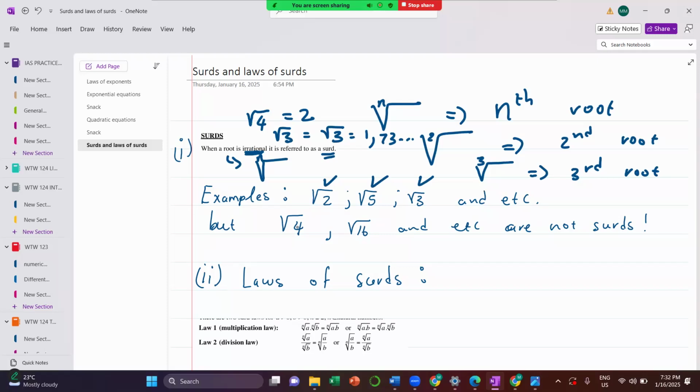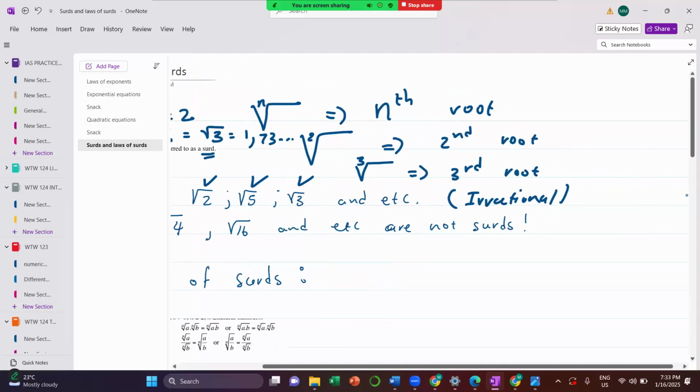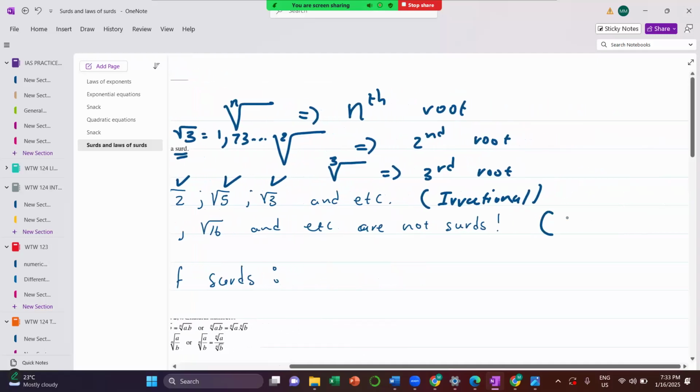So square root of 4 is not a surd. If I punch in the square root of 16, I'm going to get 4. So square root of 16 is not a surd. So these ones are irrational, but these ones which are not surds are actually rational.